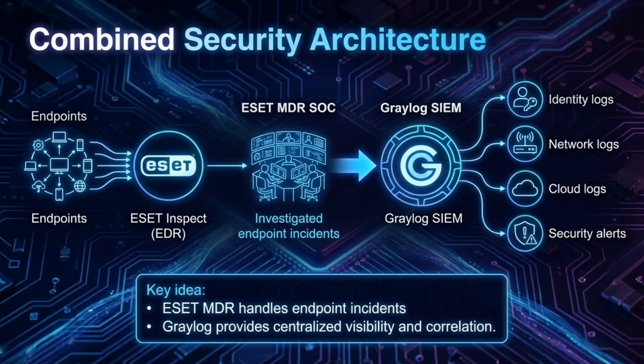For ESET EDR and MDR, usually we can help you to contain and handle 70 to 80% of incidents. But the other 10 or 20% may come with the firewall and others. Then you may consider adopting a SIEM like Graylog to help you correlate and find out those last miles.